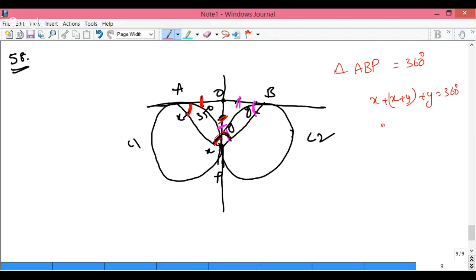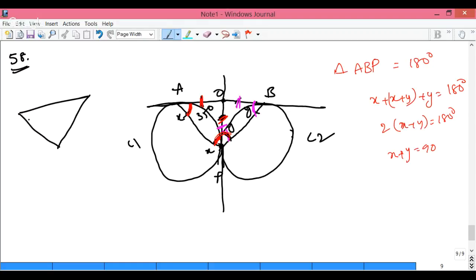Now 2 times (x plus y) is equal to 180 degrees, the sum of angles in the triangle. X plus y must be 90 degrees. So this angle is 90 degrees. I'm drawing this figure separately here: this is x, this is y, this is x plus y, and this is 90 degrees.